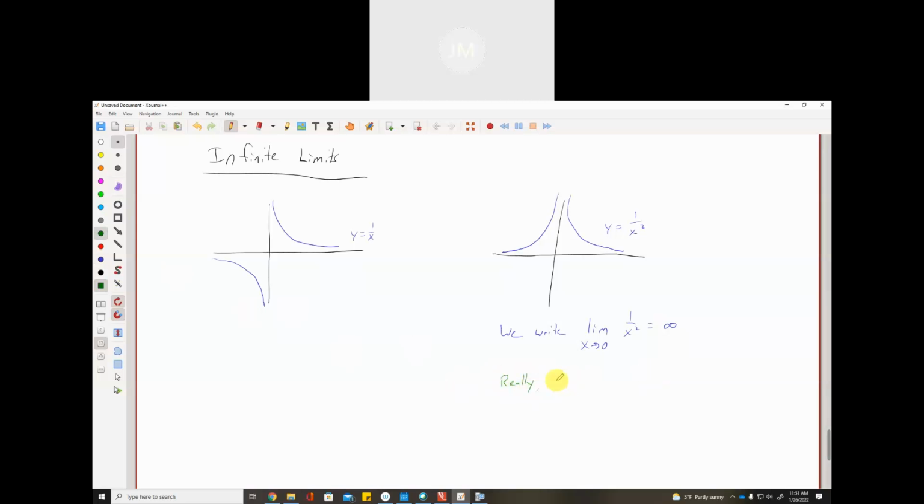So really, the limit as x approaches 0 of 1 over x squared isn't a number. So it doesn't exist. However, it's more useful to write equals infinity because that describes what's happening with the graph.